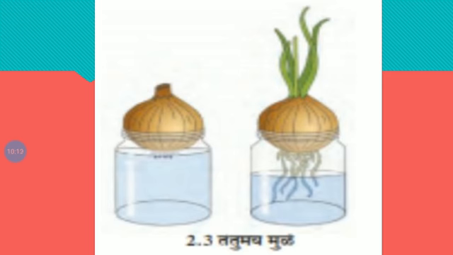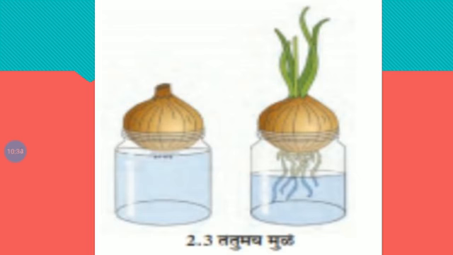Okay, next, plants like maize, sugarcane, sorghum have two types of roots. Some roots are underground, whereas some grow from the stem just above the soil. The latter are called adventitious roots.